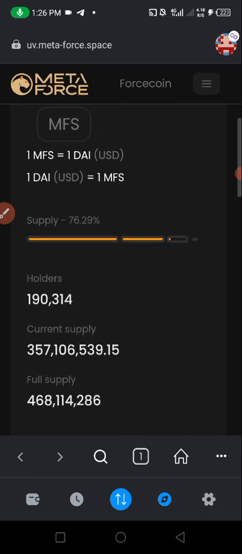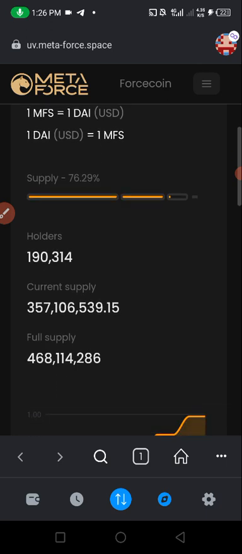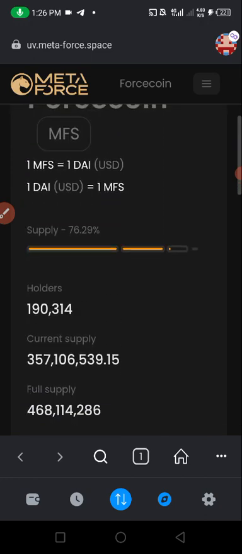So MetaForce did a pre-sale on that cryptocurrency and the bar is almost filled up. So once the bar is filled up, any of the cryptocurrency remaining will be burnt out before he releases to the open market.